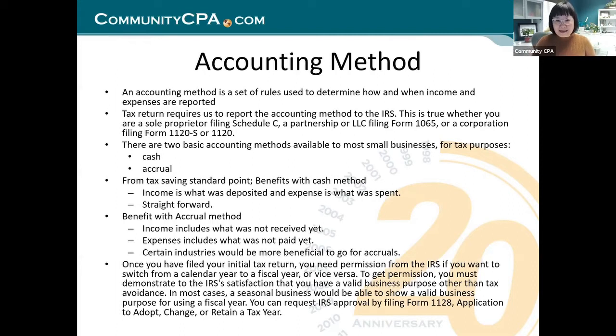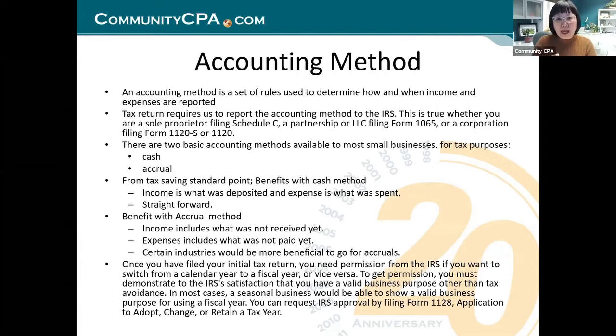So again, there are a lot of things that you can consider on the accounting method, and don't take it lightly. If you just started a business, make sure you consult on what accounting method you should be, what fiscal year you should be. Don't rush into setting up a company without even thinking about them, because those are the information the IRS wanted already when you apply.